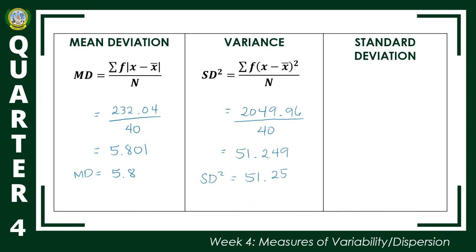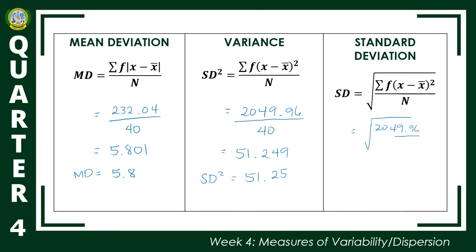So, next is the standard deviation, which sabi ko nga po, square root nyo lang po yung ating variance. Okay? So, ito yung formula natin. I-rewrite lang po natin ang ating i-compute. So, that is square root of 2049.96 divided by 40.